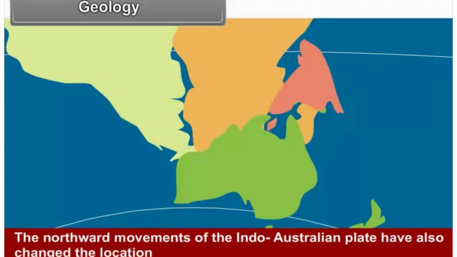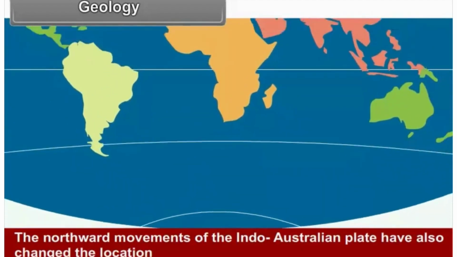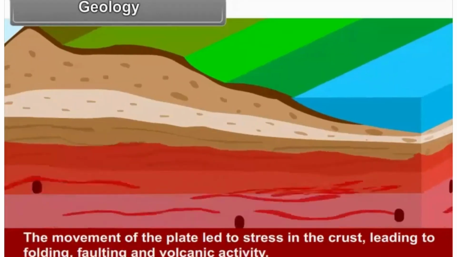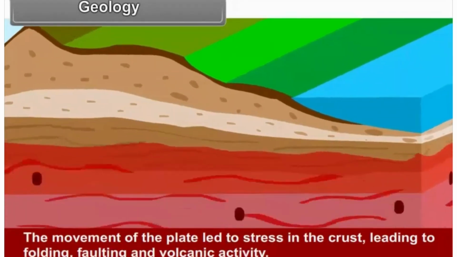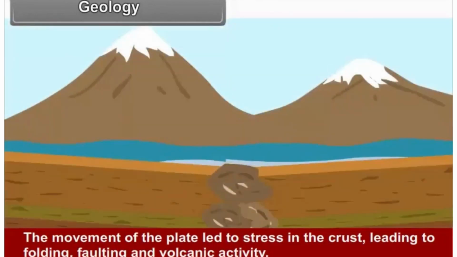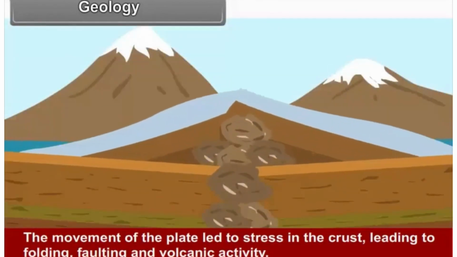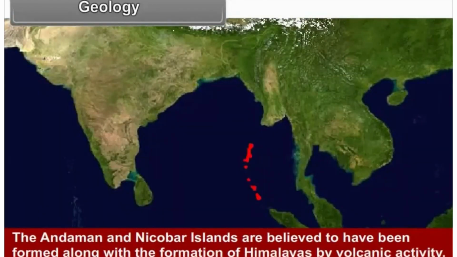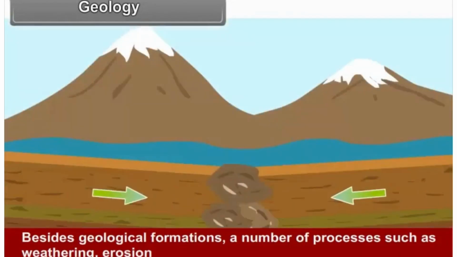The northward movements of the Indo-Australian plate have also changed the location and size of the Indian subcontinent over millions of years. The movement of the plate led to stresses in the crust, leading to folding, faulting, and volcanic activity. The Andaman and Nicobar Islands are believed to have been formed along with the formation of Himalayas by volcanic activity.